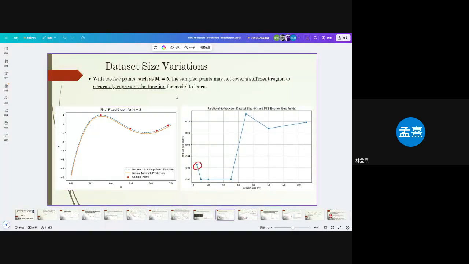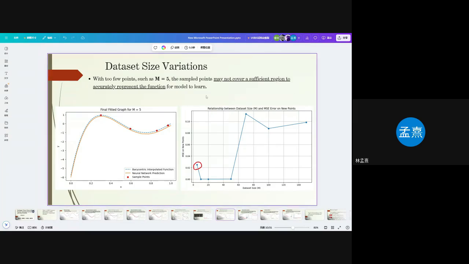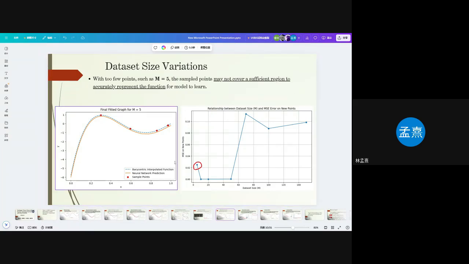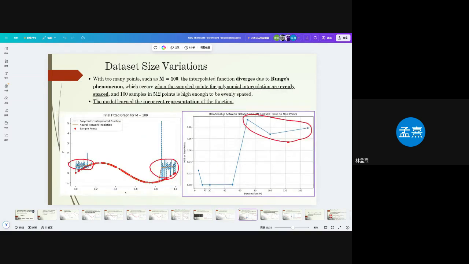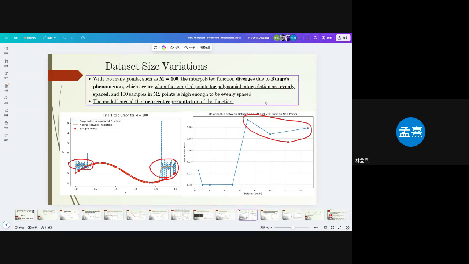So with m equals 5, the sample points may not cover a sufficient region to accurately represent the function, so the mean square error on new points is higher. And with too many points, such as m more than 100, the interpolated function diverges due to Runge's phenomenon.